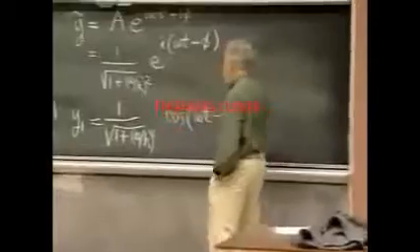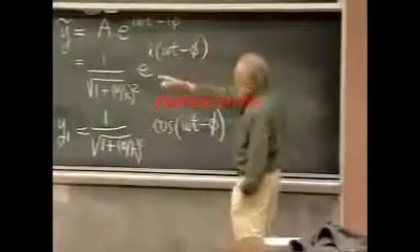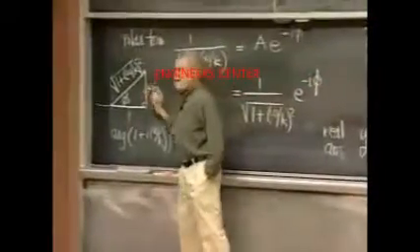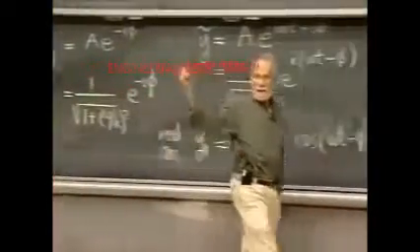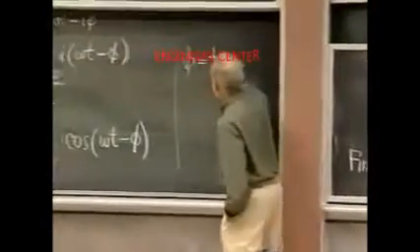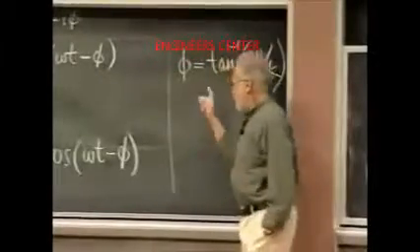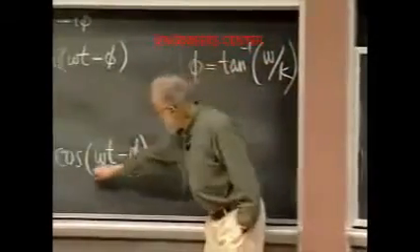So that's okay, but what's this phi? Well, the best way to give phi is just to draw that picture. But if you want a formula for phi, from the picture, it's the arctangent of omega over k.